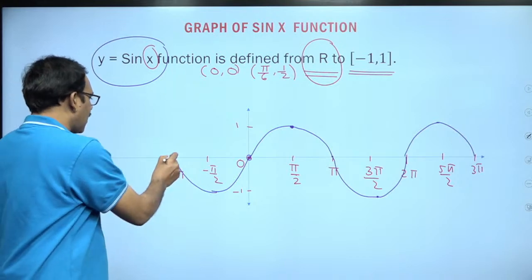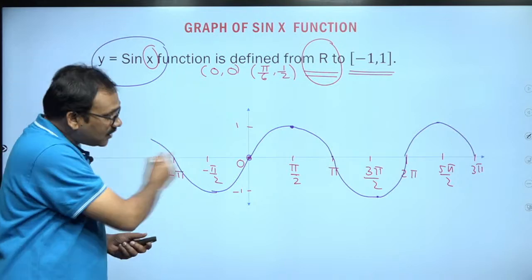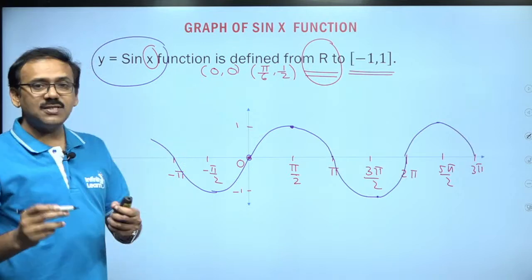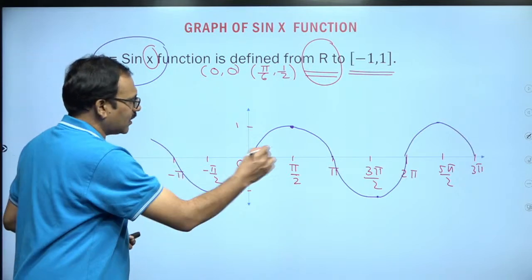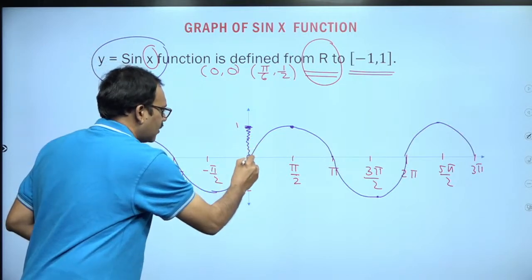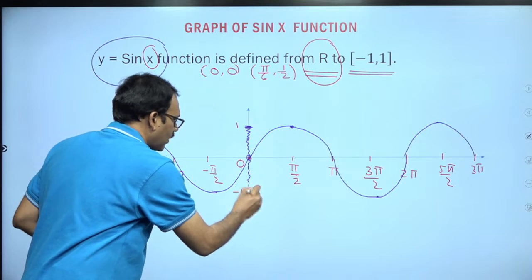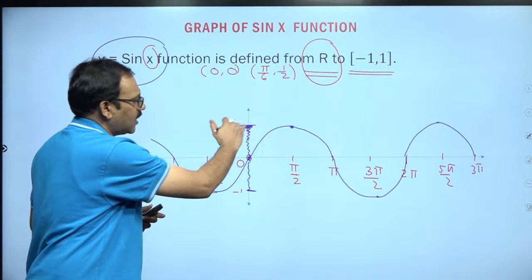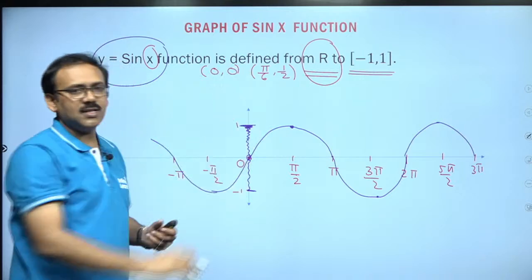And from the graph you can say the domain is all real values. For the range, you have to see the y axis, the values covered are only minus 1 to 1. No portion of the graph is above 1 or below minus 1.